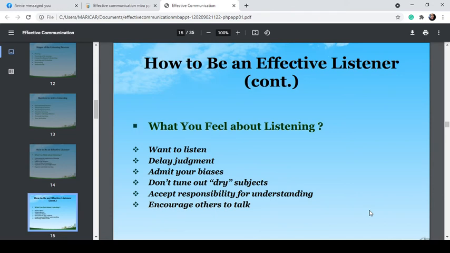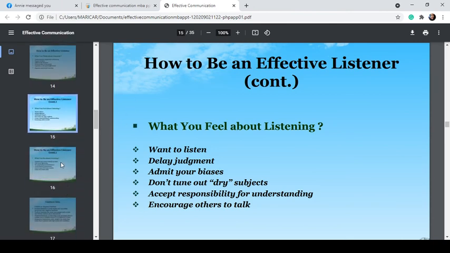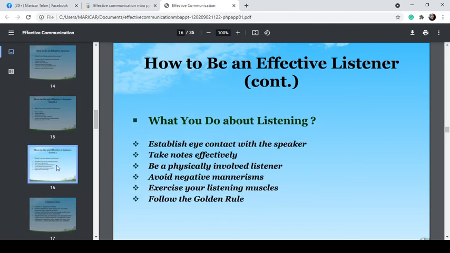And then you have to accept the responsibility of understanding your co-individual. And let him or her encourage others to talk. So, kapag nakikinig ka, encourage someone to give feedback. Para mas maganda yung communication skills.